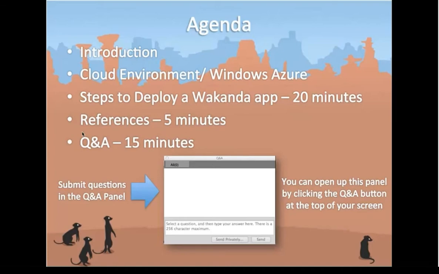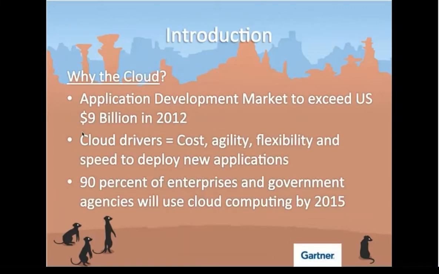Okay, so why the cloud? Before we start, here's some interesting information from Gartner. The cloud, mobility, and open source will drive the application development market to exceed $9 billion in 2012.